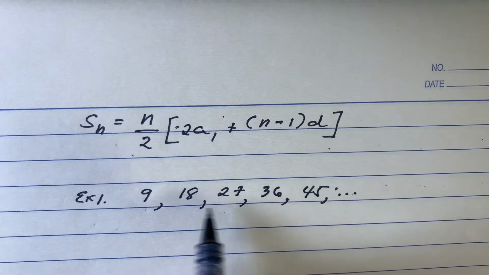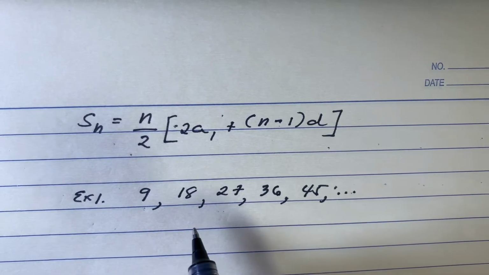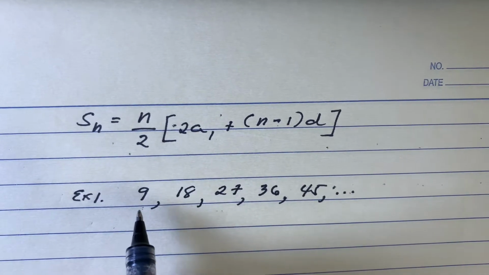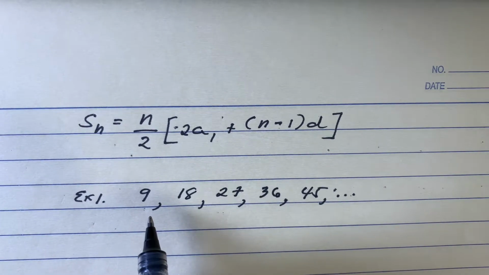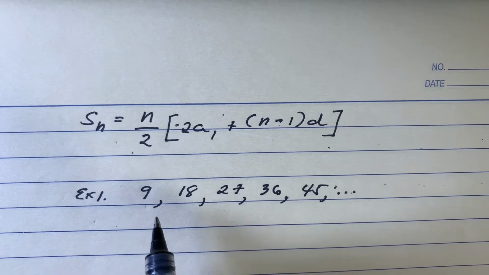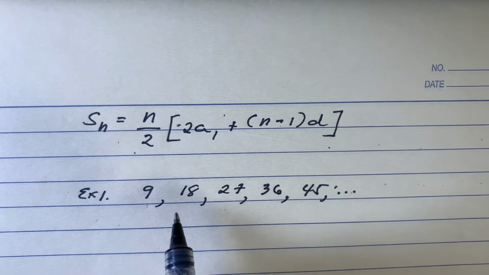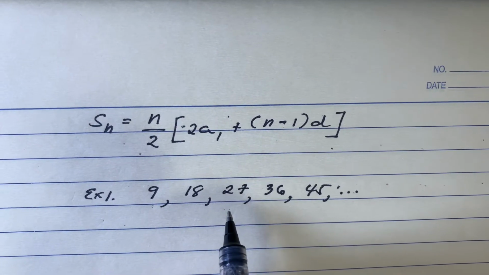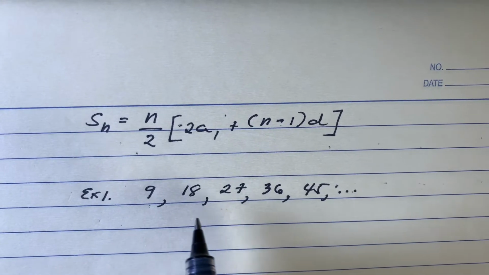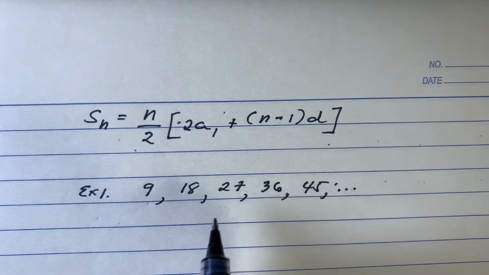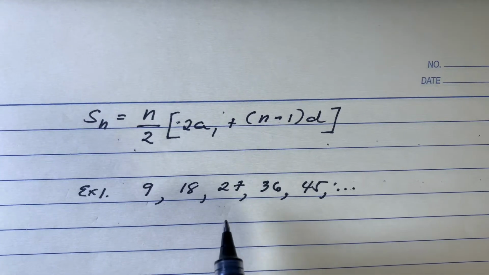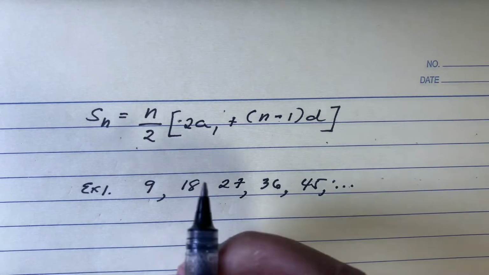Their common difference is equivalent to 9. Just like what I told you last time, an arithmetic sequence is defined by getting the succeeding terms by adding a constant, and that constant is the common difference.